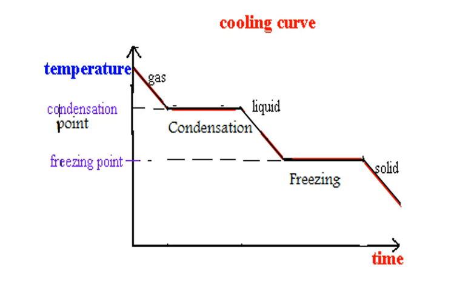Remember that the condensation point of a substance is the same as the boiling point. Once the liquid is cooled further, the temperature decreases until we reach a freezing point, and at the freezing point, the temperature remains constant until all the liquid has changed into a solid, and then the temperature of the solid begins to decrease.